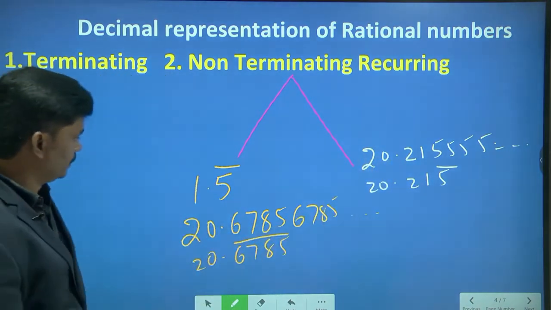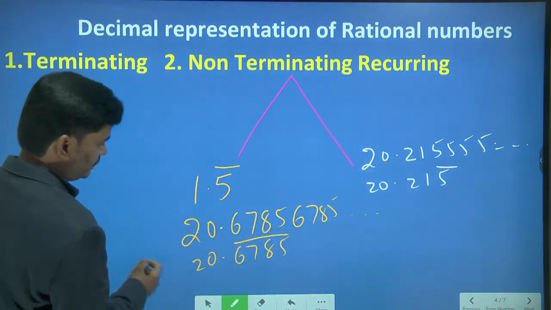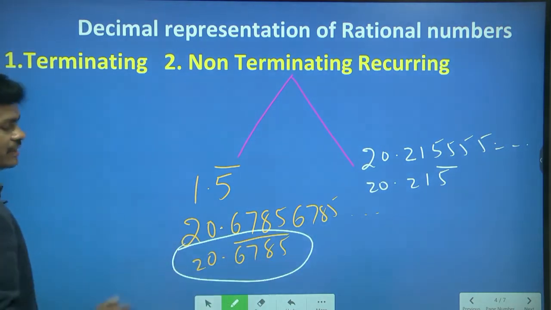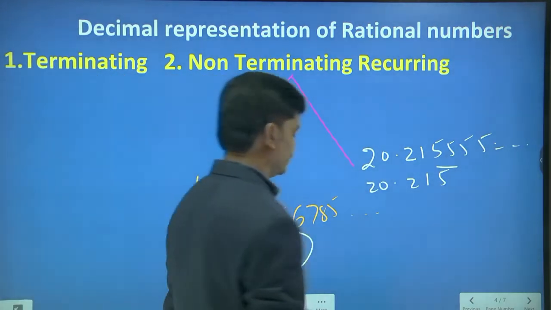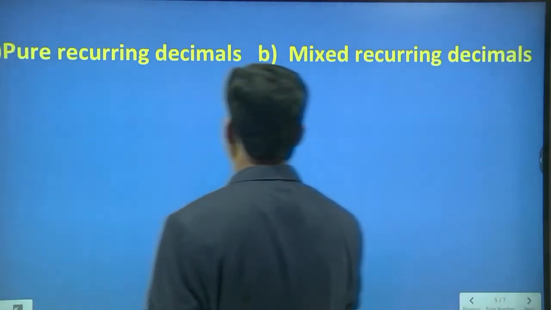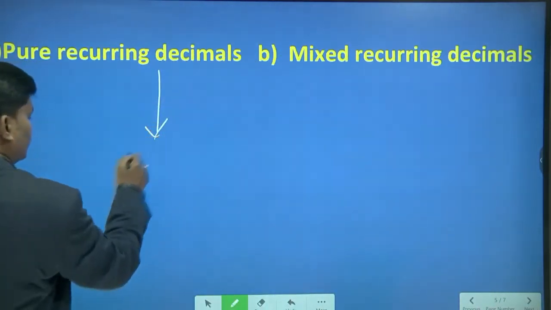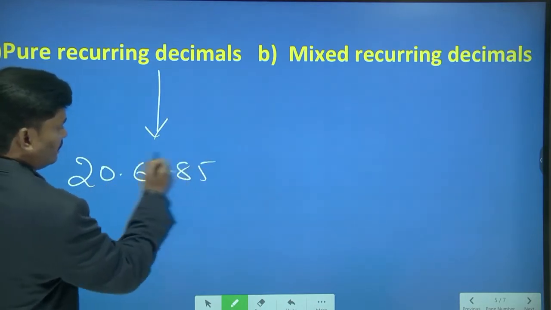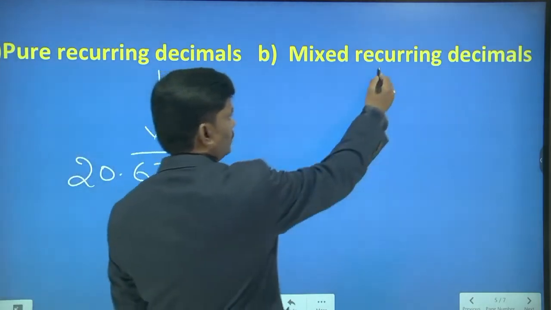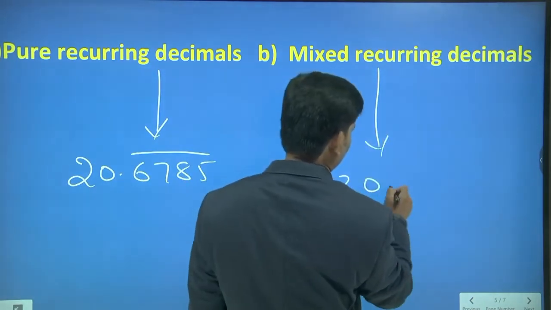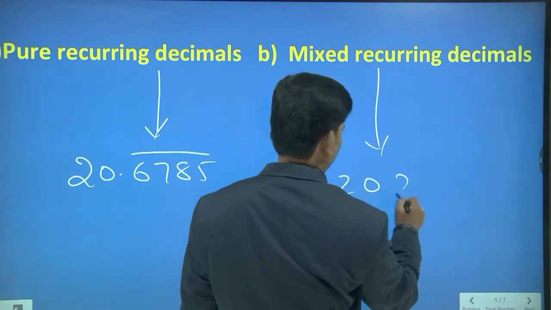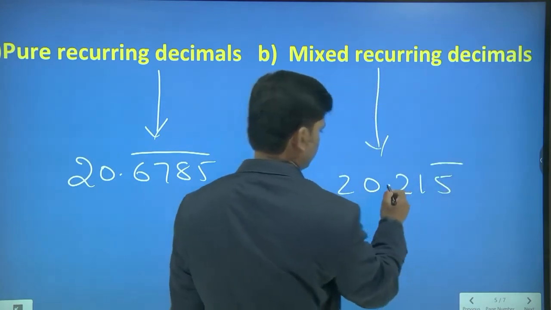Right, here you see carefully, after the decimal, particular digits are repeating, 6785. So I write it like this: 20.6785 bar and 20.215 and 5 bar.